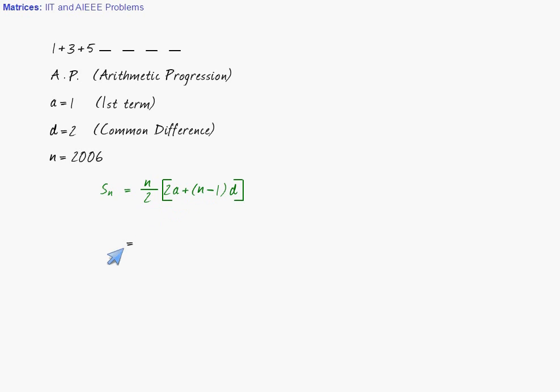By putting the values, this will be 2006 by 2 into 2 plus 2005 into 2. Now if I take 2 common from the numerator, I will be left with 2006 into 2006, or I can say 2006 whole square.